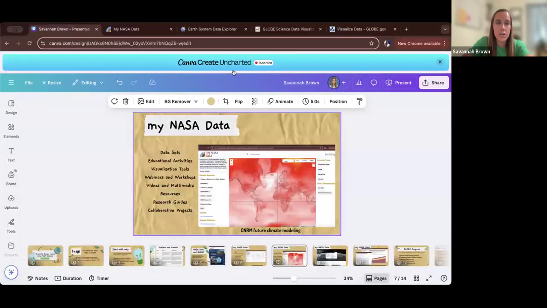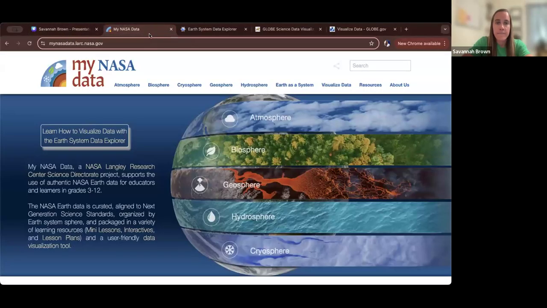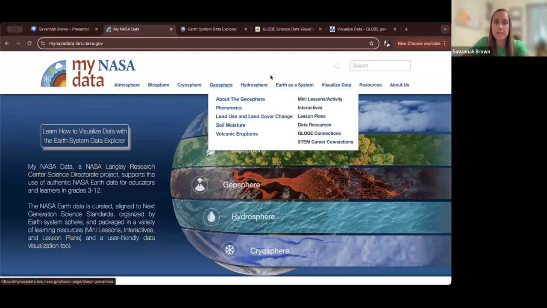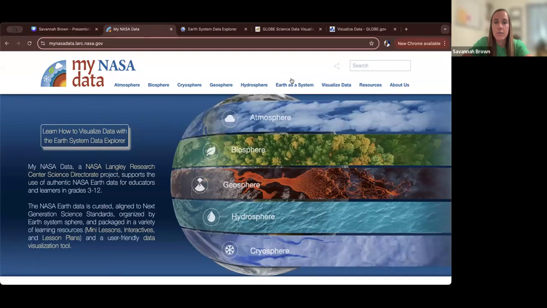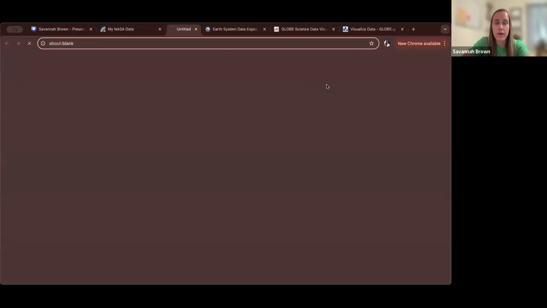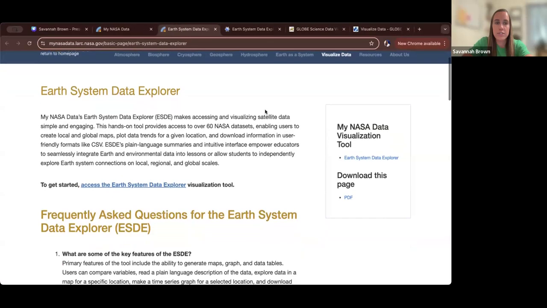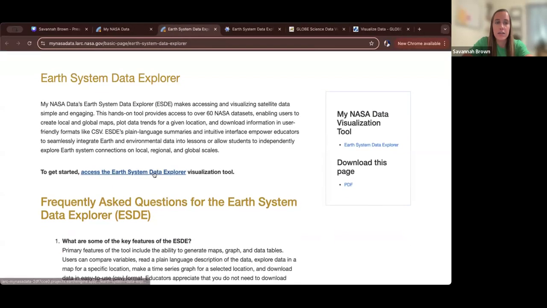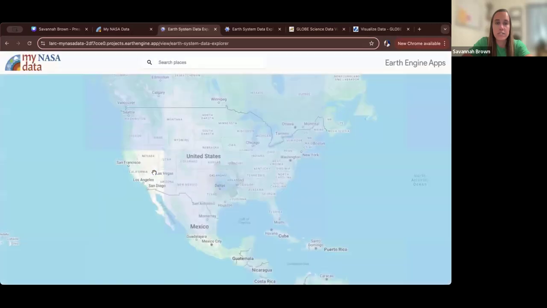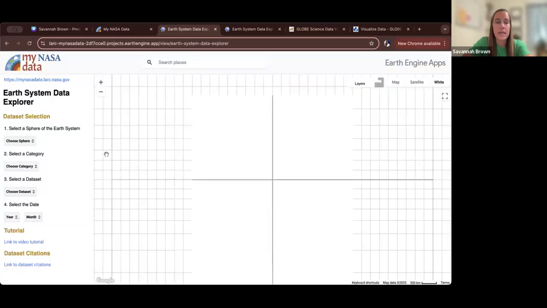So I'm going to show you the website. So this is My NASA Data. It's divided into the spheres. Visualized data is where you are going to be able to access the Earth System Data Explorer, which is the map that I showed you.